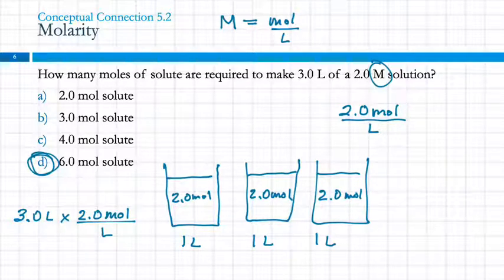In some of the stuff, like combustion analysis, muddle through, not a big deal. This is a big deal. Molarity is a big, big deal. So the capital M means exactly the same thing as moles per liter. It's an abbreviation. But moles per liter is not the same as moles.